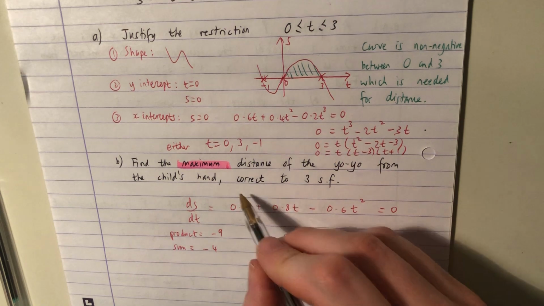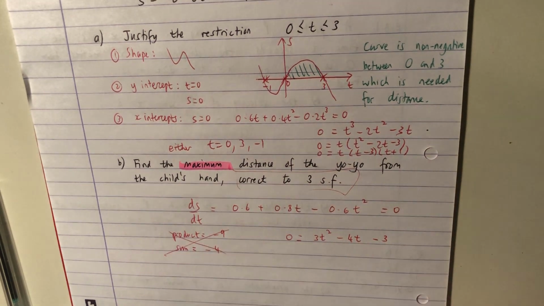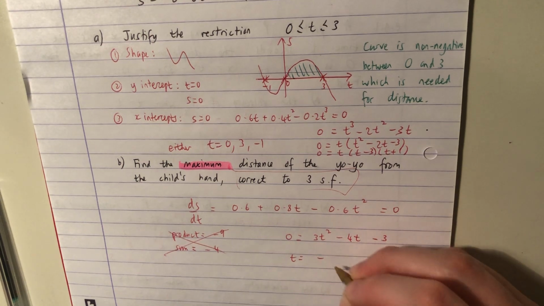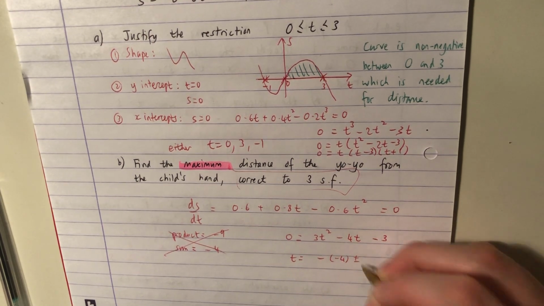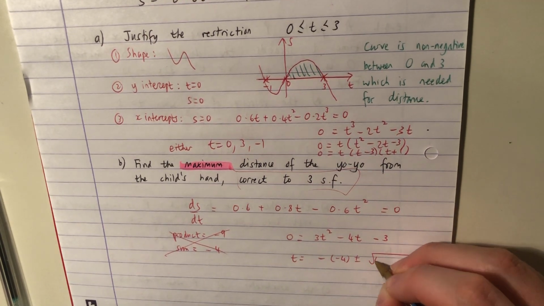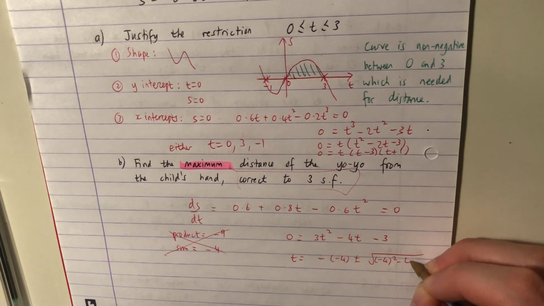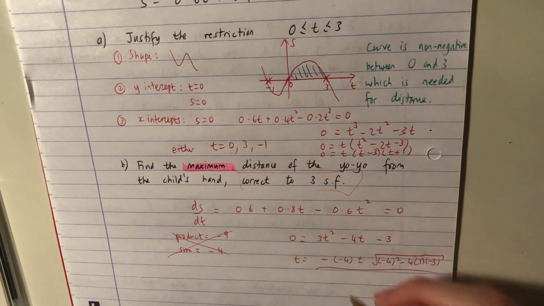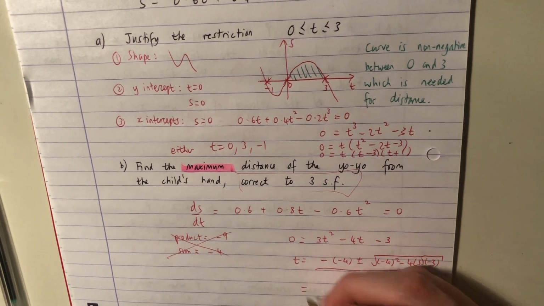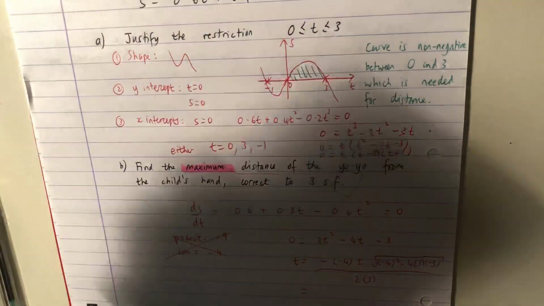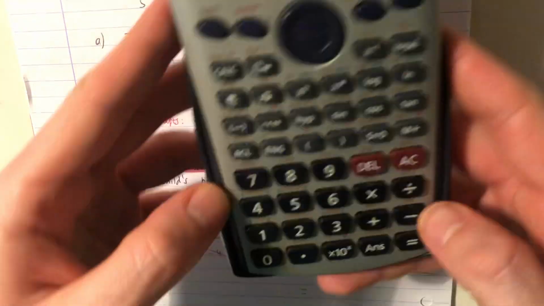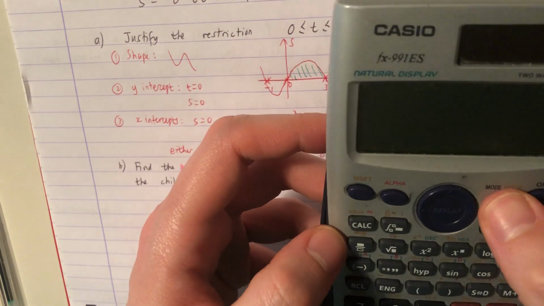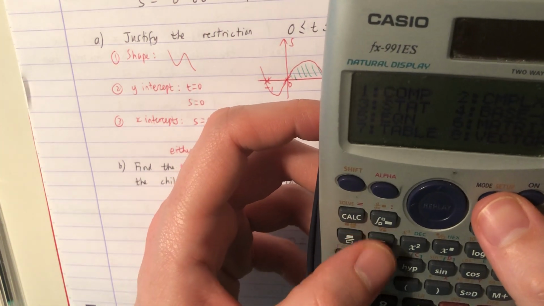Doesn't work. Should have clocked that because it says correct to 3SF. So we'll use the formula. t is equal to minus b plus or minus the square root of b squared minus 4ac all over 2a. And then I'm going to cheat actually.